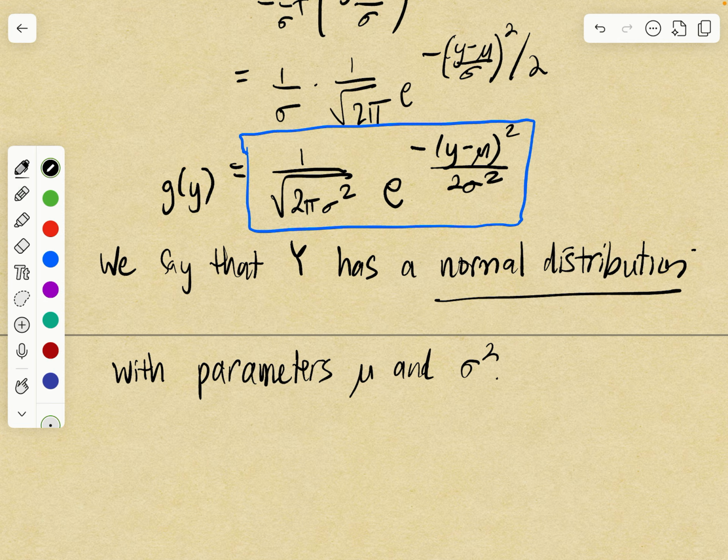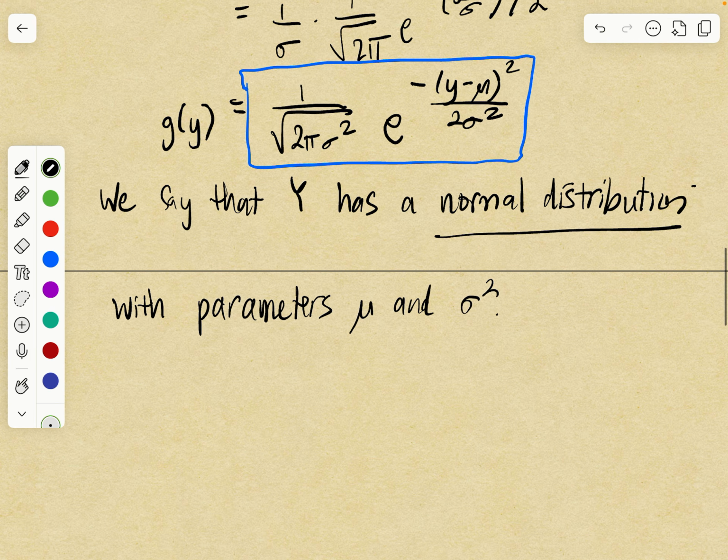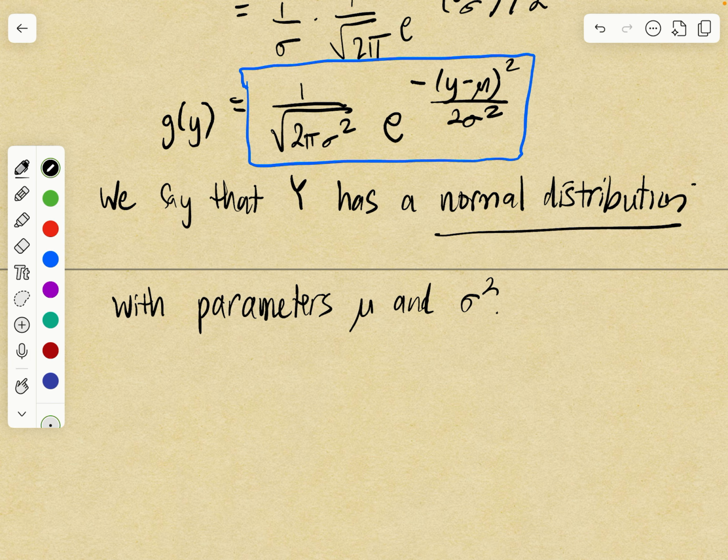And it turns out that mu is the mean of y and sigma squared is the variance of y. So that's the mean of y, or the expectation of y, and that's the variance of y. So sigma is the standard deviation of y.